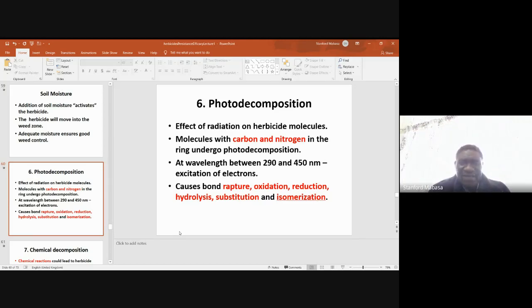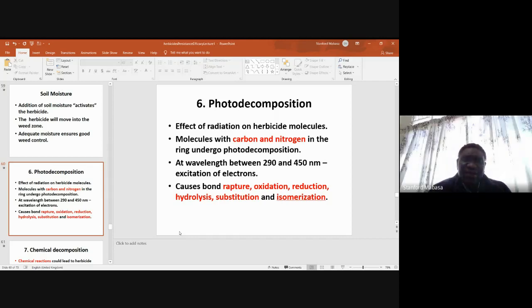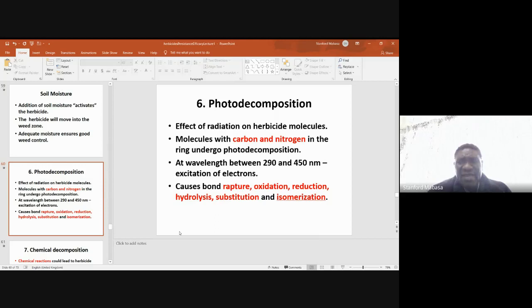That is where you have excitation of electrons. This can cause bond rupture. The processes which can alter the chemistry of the herbicide are oxidation, reduction, hydrolysis, substitution, and isomerization. So photodecomposition is when light induces herbicide breakdown.